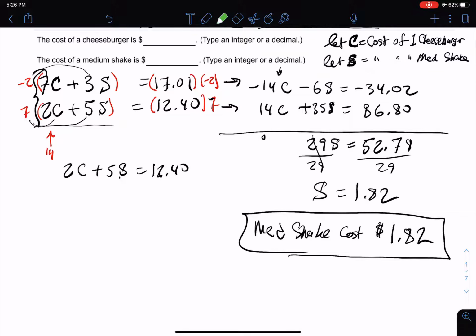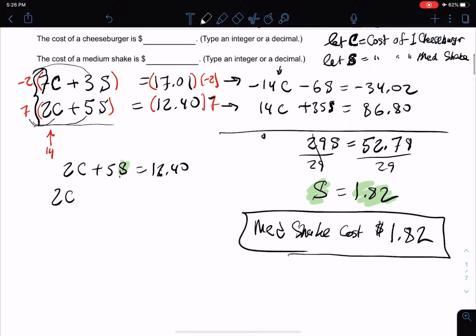Okay, now if you believe that s is the same as $1.82, which you should because you did all that work, or I did the work, then you can replace s with, you got it, $1.82. So this is going to be 2c plus 5 times s, which we know is $1.82, equals 12.40.